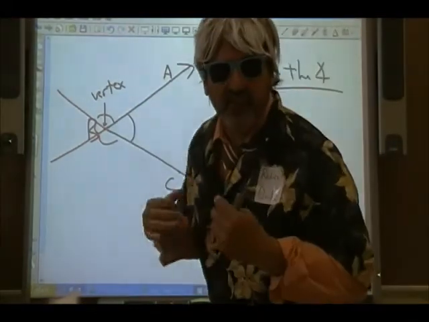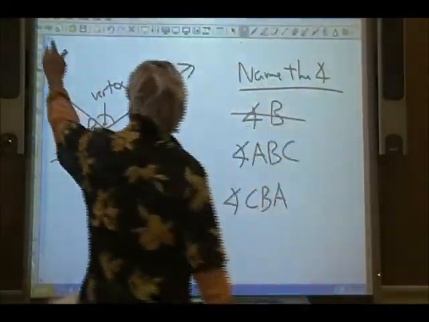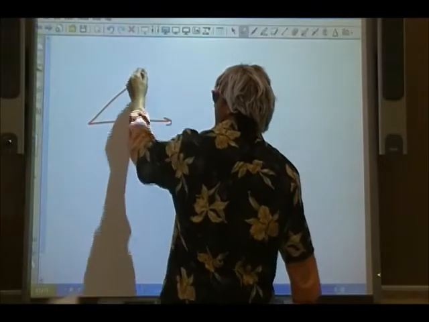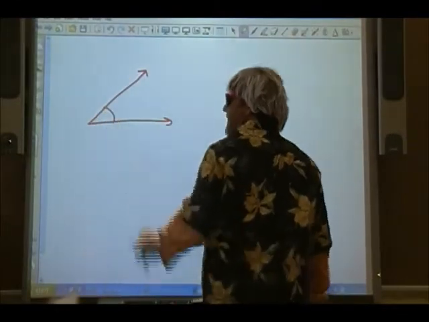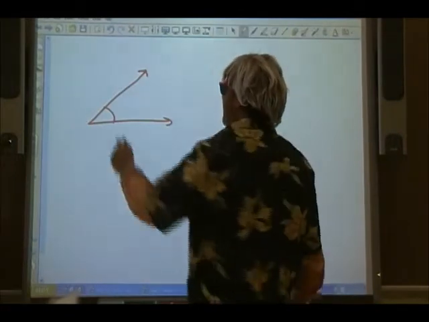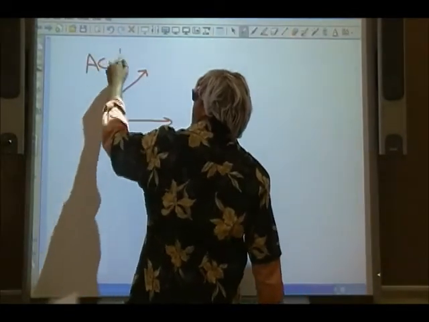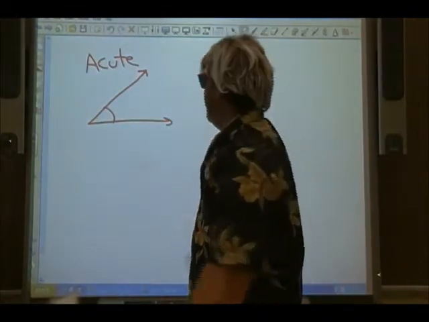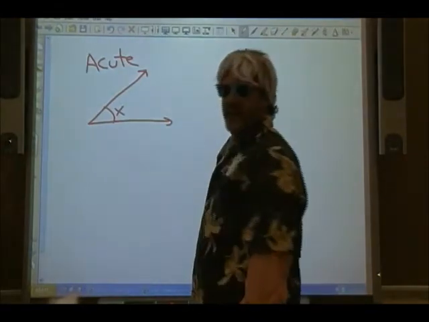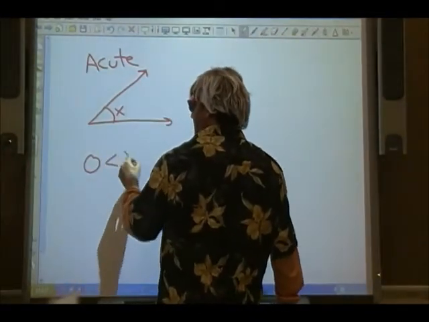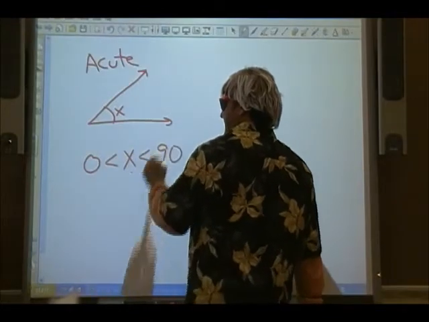All right. Now there are certain types of angles. First of all, the angle that we just discussed is nice and small. They call it an acute angle. That means that this measure here, x, has to be bigger than 0, but less than 90.